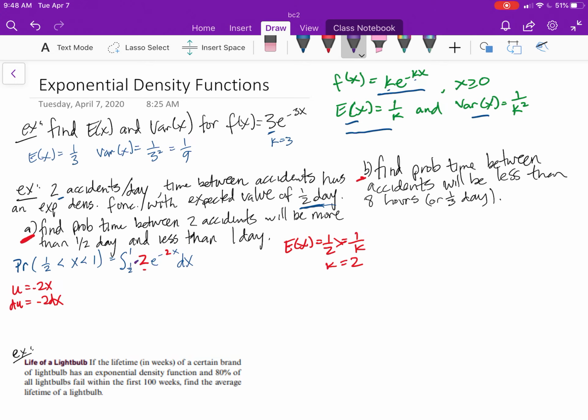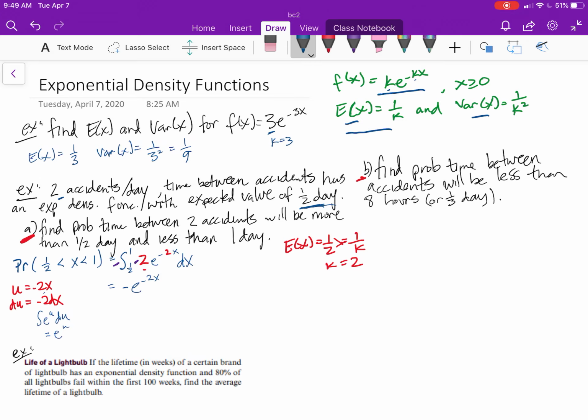I just need a negative here, but I can't just put it there, so negative times a negative is positive. As long as I put it out front, then we're good. So that is just negative e to the negative 2x, because we had the integral of e to the u du, and I know the integral of e to the u is just e to the u. Since u was negative 2x, there we go.